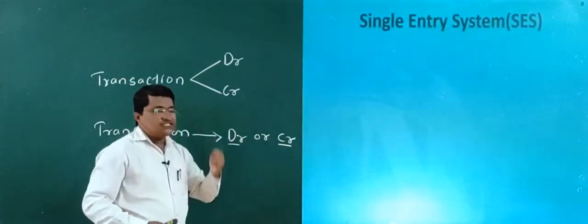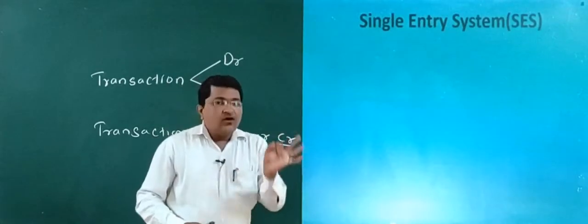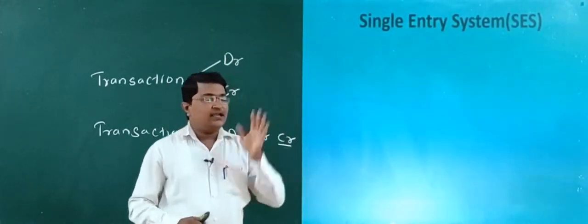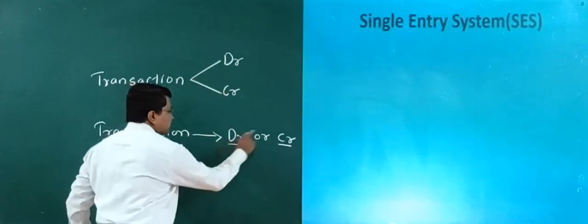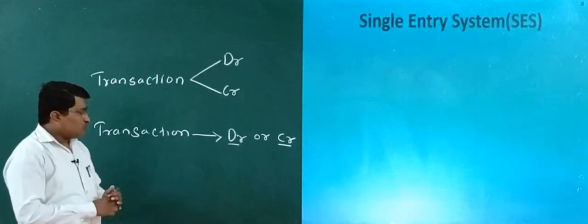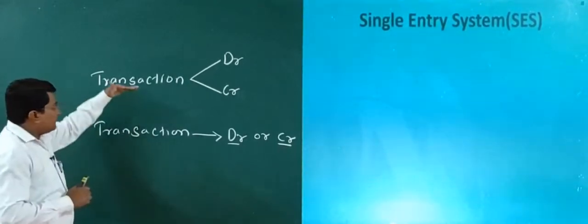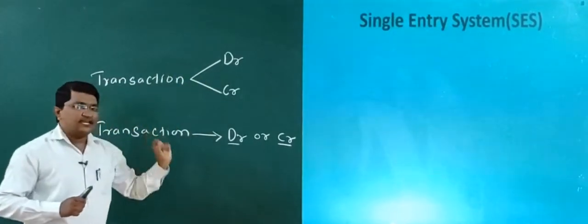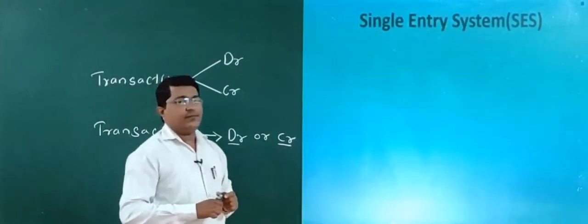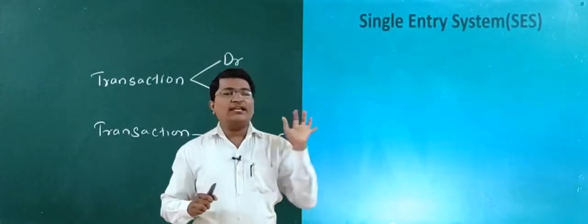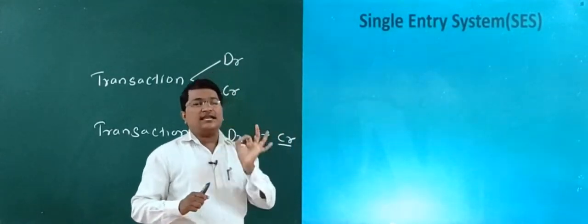Now, coming to the single entry system, if one transaction has only one entry, then it is called a single entry system. Is that clear? Two entries is double entry system, and only one entry is single entry system.